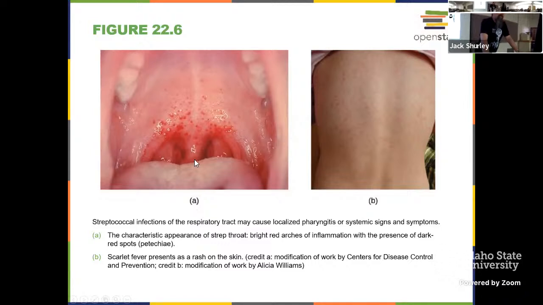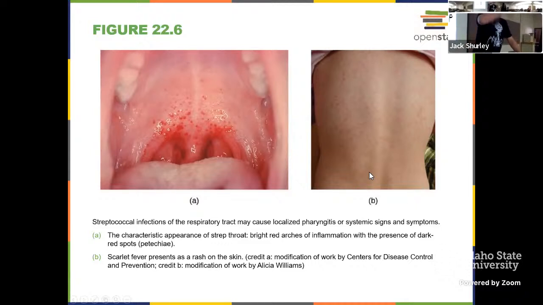So the strep throat, streptococcal infections, we could see some localized pharyngitis, or it could be some systemic signs and symptoms as a potential, scarlet fever with this rash that we're seeing is a possibility.